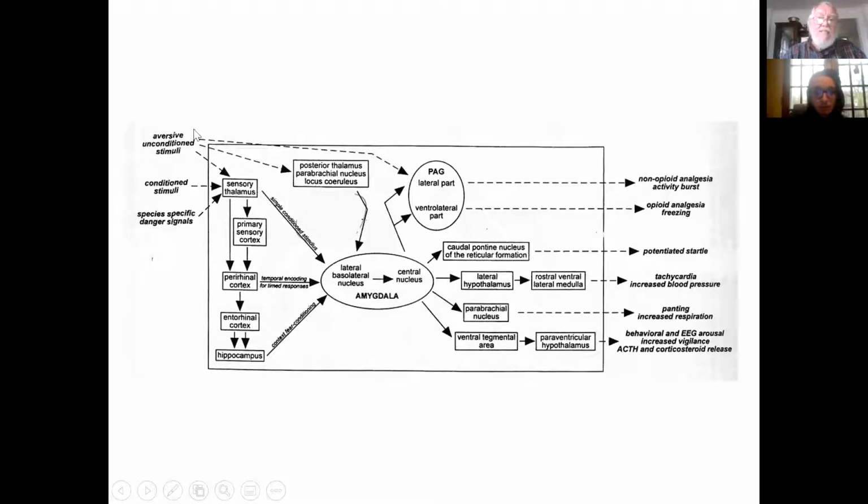And these things can be driven by what? Aversive unconditioned stimuli, that is a literal shock or something, and then conditioned stimuli, and then also species-specific danger signals.